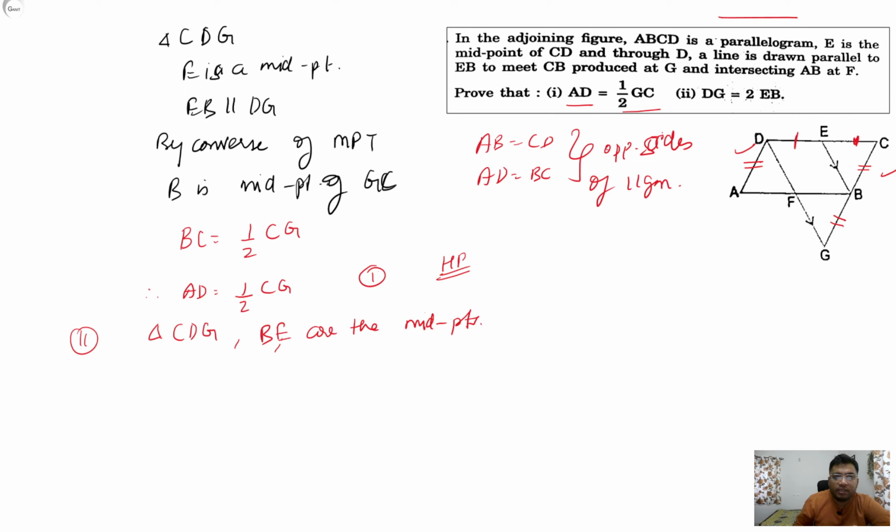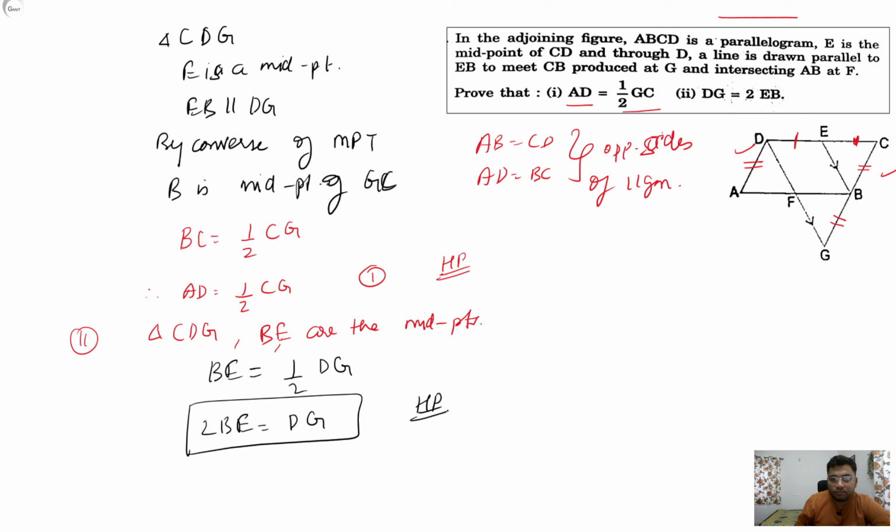So if B and E are the midpoints, what does that tell us? That BE is equal to half of DG. So if I transfer the 2 that side, it becomes 2 times BE is equal to DG. And I can write hence proved.